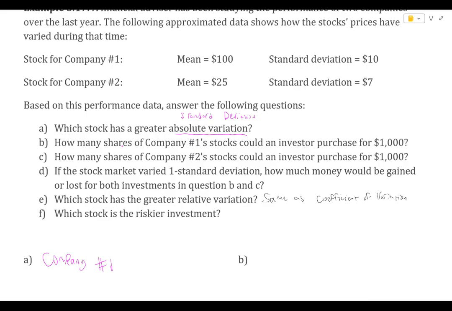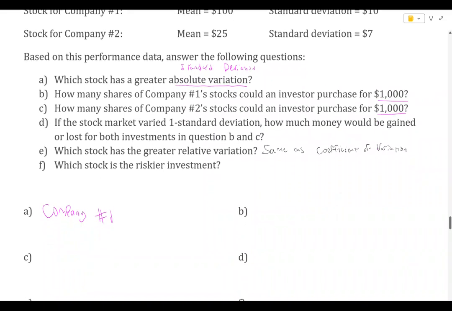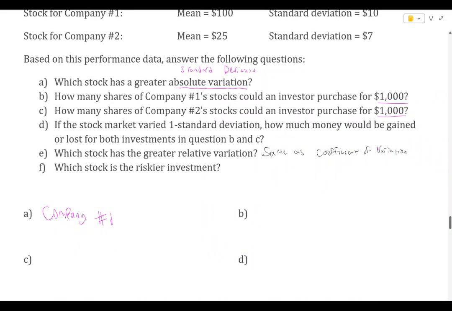Part B says, how many shares of company number one's stocks could an investor purchase for $1,000? And part C says, how many shares of company number two's stock could an investor purchase for $1,000? So for both of these, we want to calculate how many shares a person could invest with for $1,000.